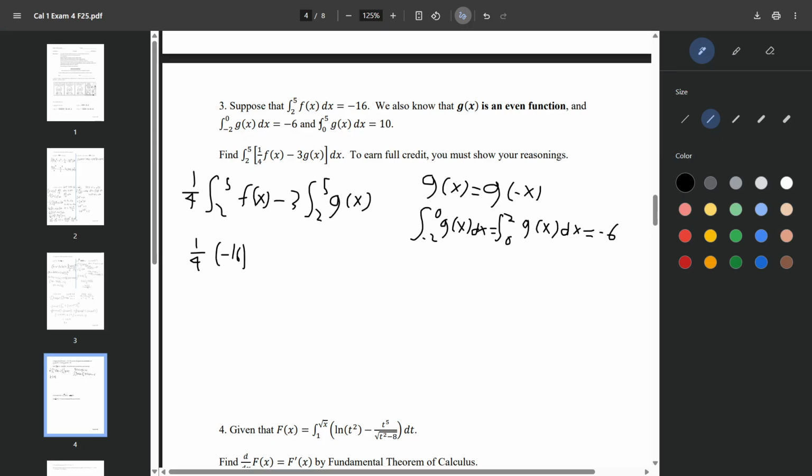So now we try to solve for the integral from 2 to 5 using our integral from 0 to 5 of g(x) dx.